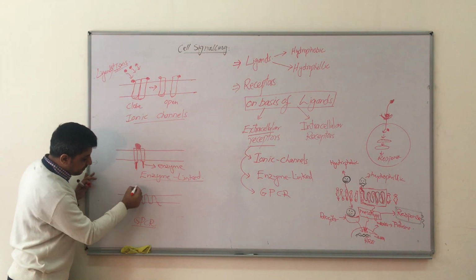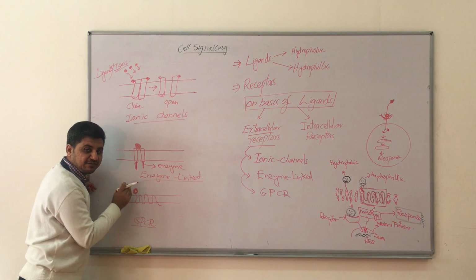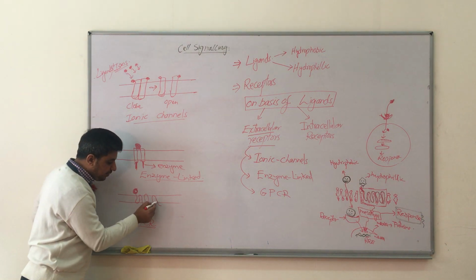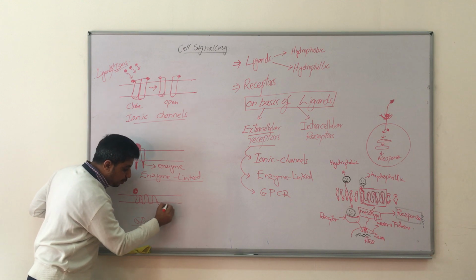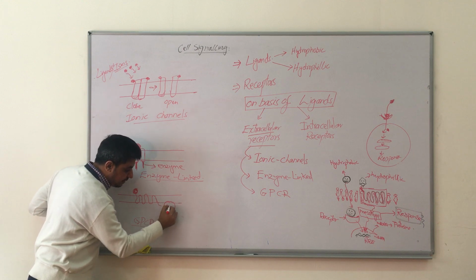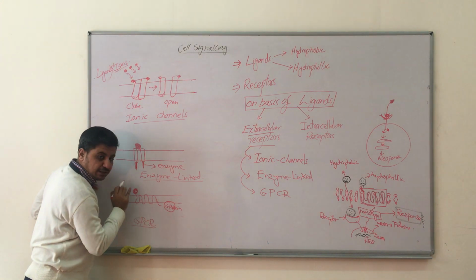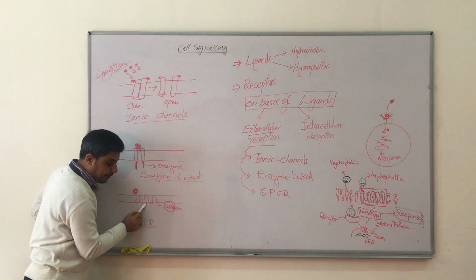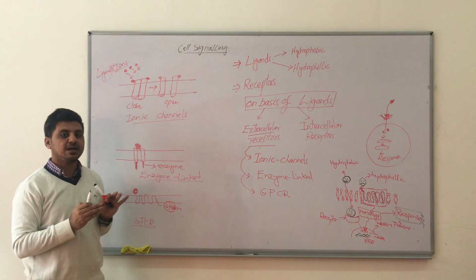And whenever a ligand comes, that ligand will become attached to this receptor, and after being attached there will be a change, and that change will be transferred to a protein that we name G protein. This receptor will activate a G protein, and we can say they act like a couple.